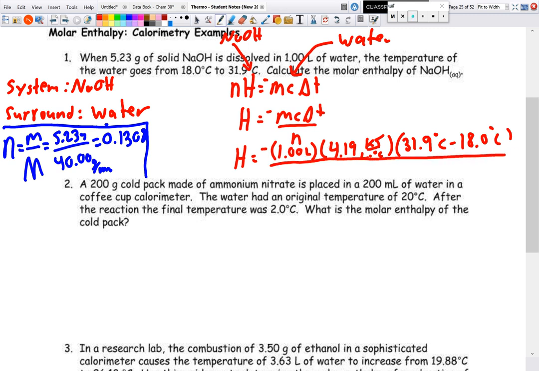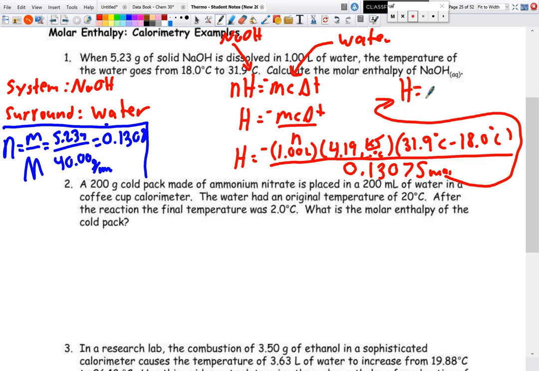All of this is over the number of moles of sodium hydroxide, which is 0.13075 moles. I know I had 0.1308 there, but I had to round that early just to fit it in. This is with a few more decimal points. And when we are done, I'm just going to write the answer up here: H is equal to negative 445 kilojoules per mole.